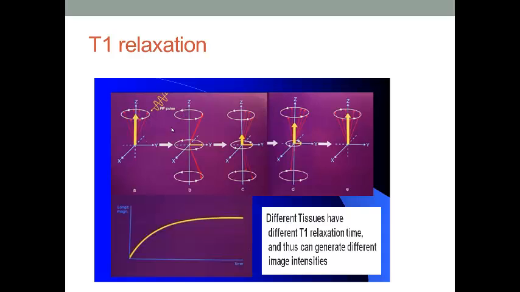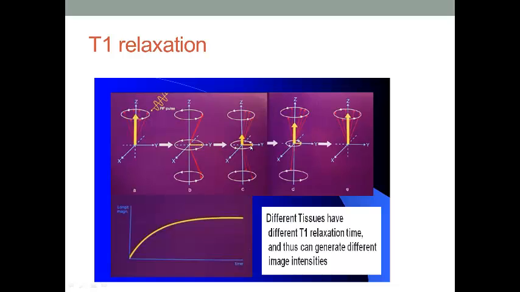But if we tip the net magnetization to the y direction, that means the number of protons in the z direction and in the anti-z direction would be the same, so they will go along the y.